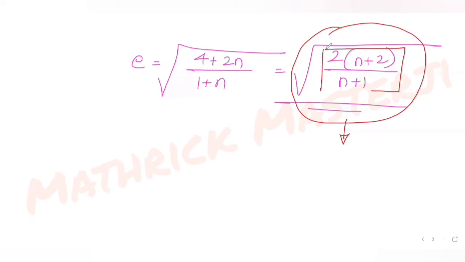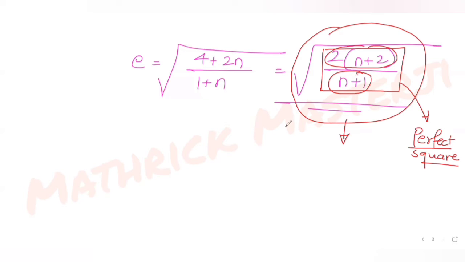So I should have a perfect square in this root. That also tells me that the numerator as well as the denominator should individually be perfect squares. So n plus 1 should be a perfect square, and 2 into (n plus 2) also should be a perfect square.